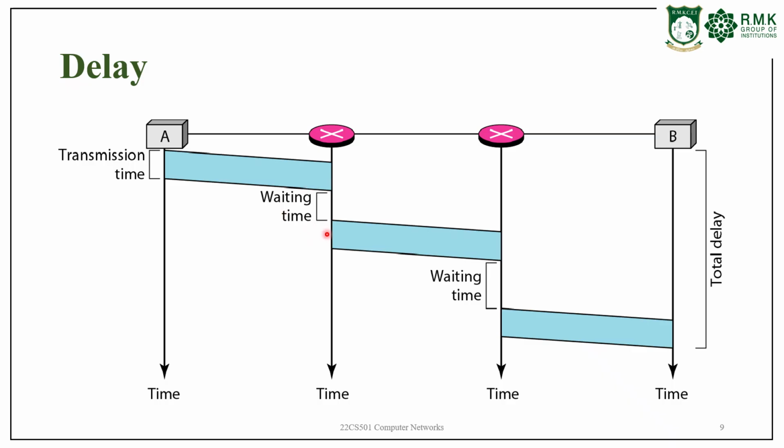Then it finds the path and transmits the data to the next router. Here also there is a waiting time, because the next router finds the path to transmit the data to the destination. Next it is transmitted to the receiver. So here the waiting times are 2. So the total delay is 3 transmission times plus 3 propagation times plus waiting 1 and waiting 2. In this way we calculate the delay.